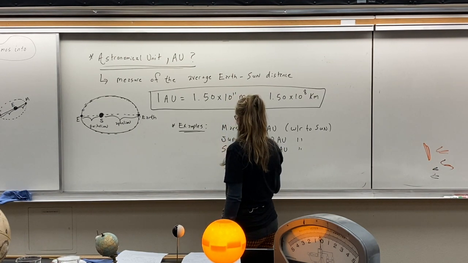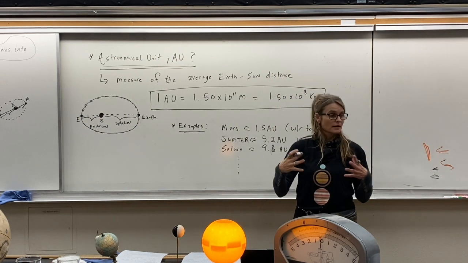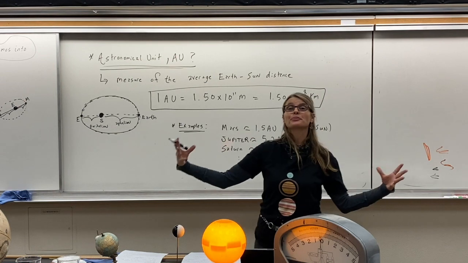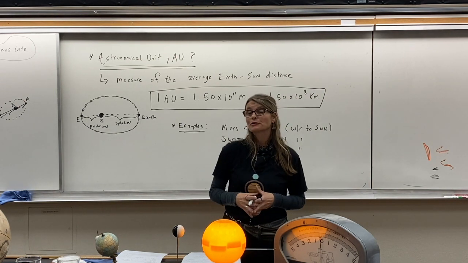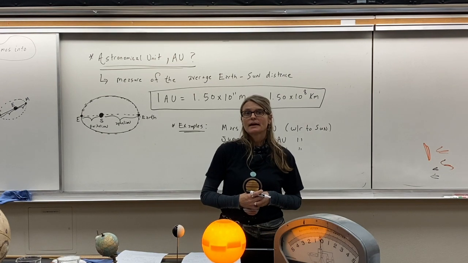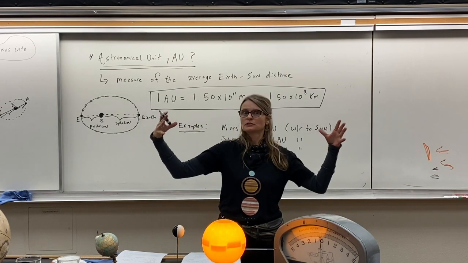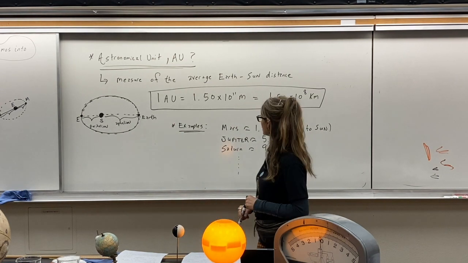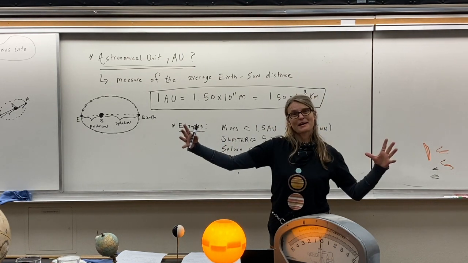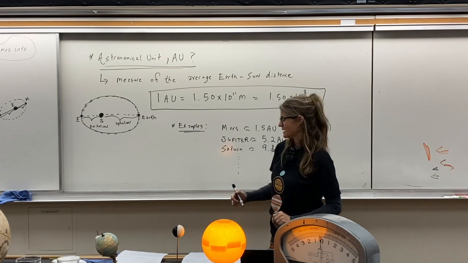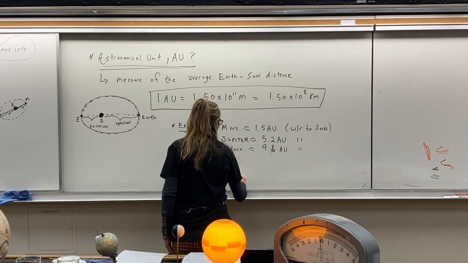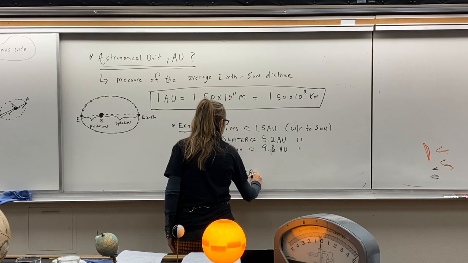And then you could go far, far out. If we look at things like Neptune, Neptune could be about 30 AU, just a little over 30 AU out there, and that's the furthest planet from the sun. And then beyond that, you can get to the dwarf planets, etc. And you could see that that gets to be daunting to scale up and put on a poster size, a good representation.